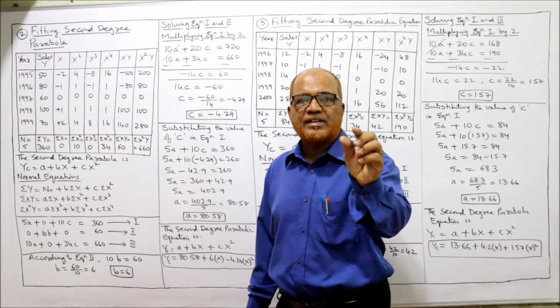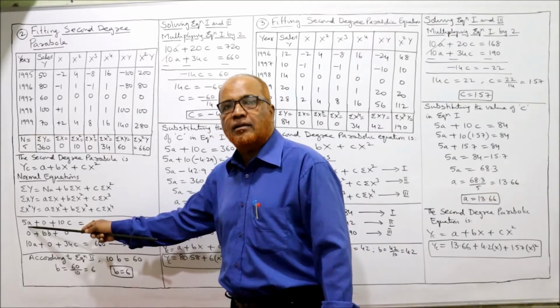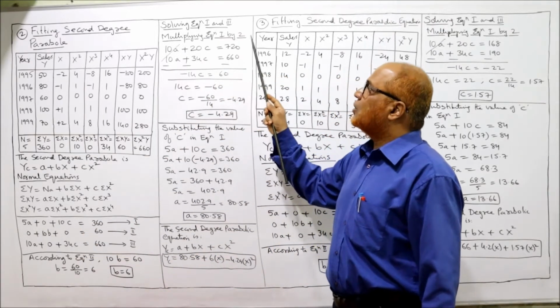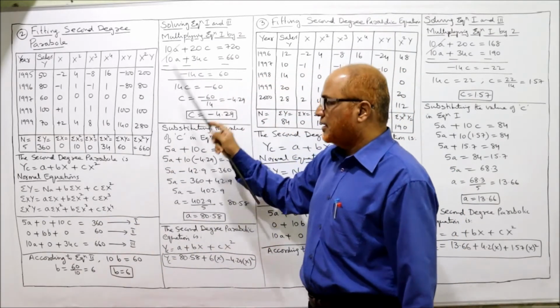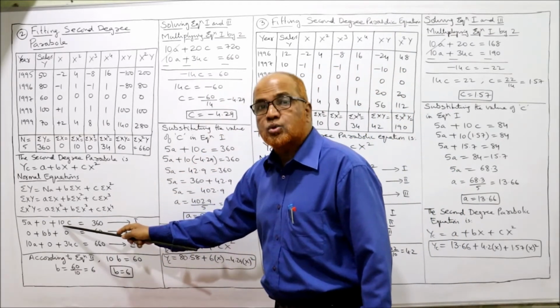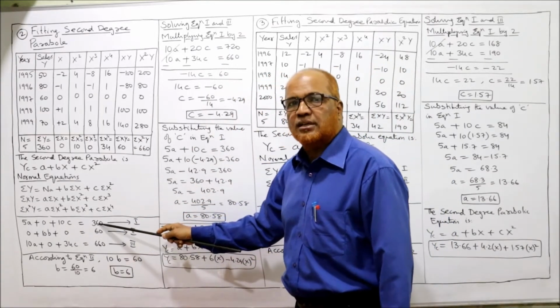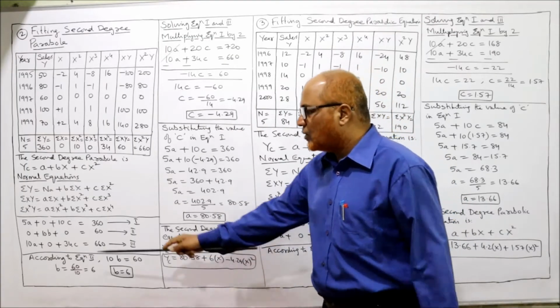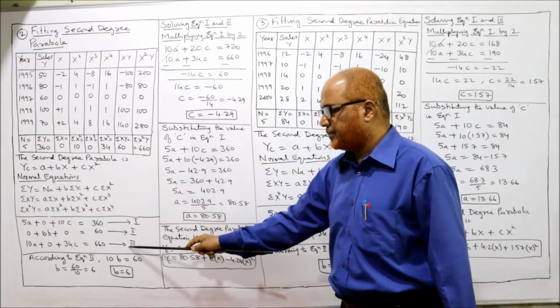So multiply equation 1 by 2. 2 fives are 10a plus 2 into 10, 20c, is equal to 2 into 360, which is 720. The third equation as it is: 10a plus 34c is equal to 660.